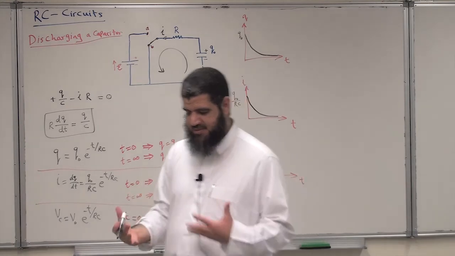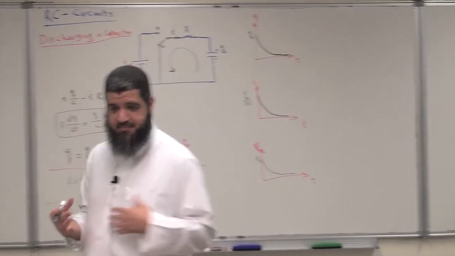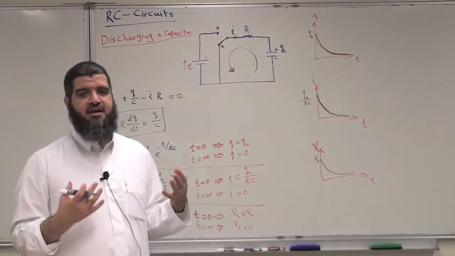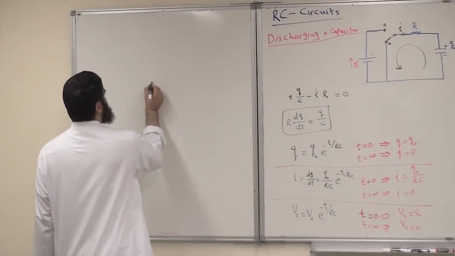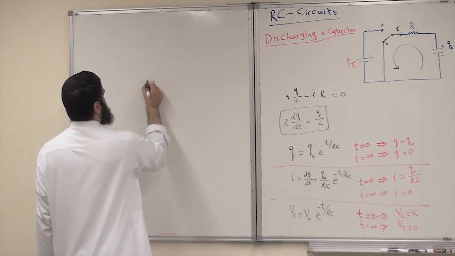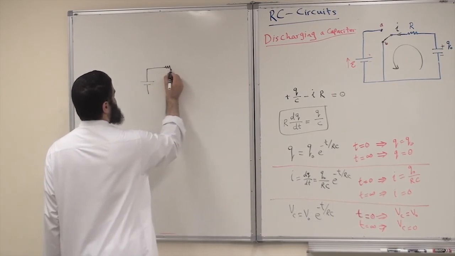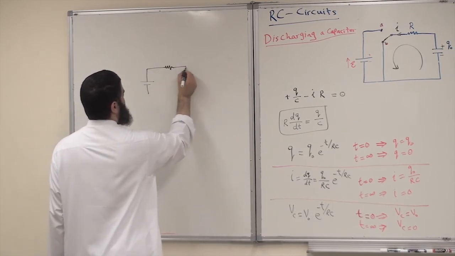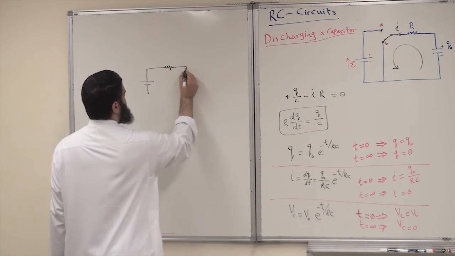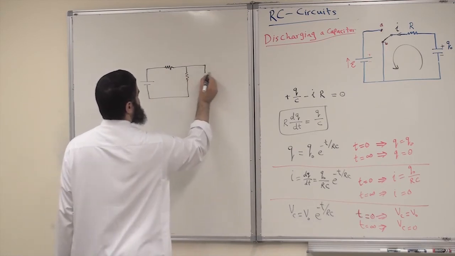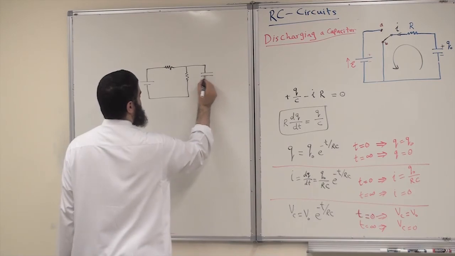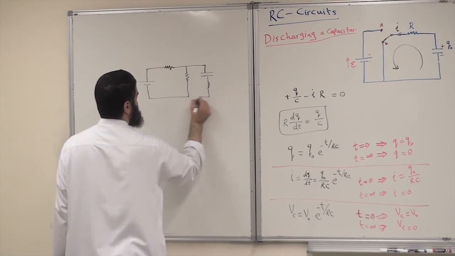You will see, my son, in the problems for the RC circuit, if you have an RC circuit something like this, you have a battery, and you see a resistance, and here you have another resistance, and in this branch you will have a capacitor and a resistor.